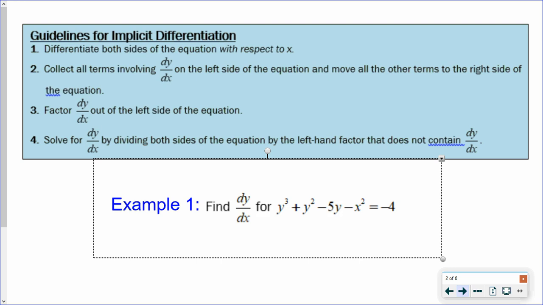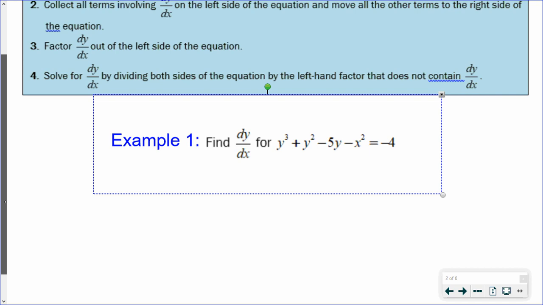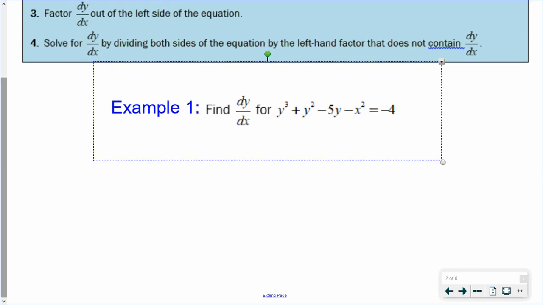Okay, so remember, when you differentiate with respect to x, if you find the derivative of y, you have to multiply by dy over dx. So, okay, here we go. The derivative of y cubed would be 3y squared, using power rule, but then times dy over dx.